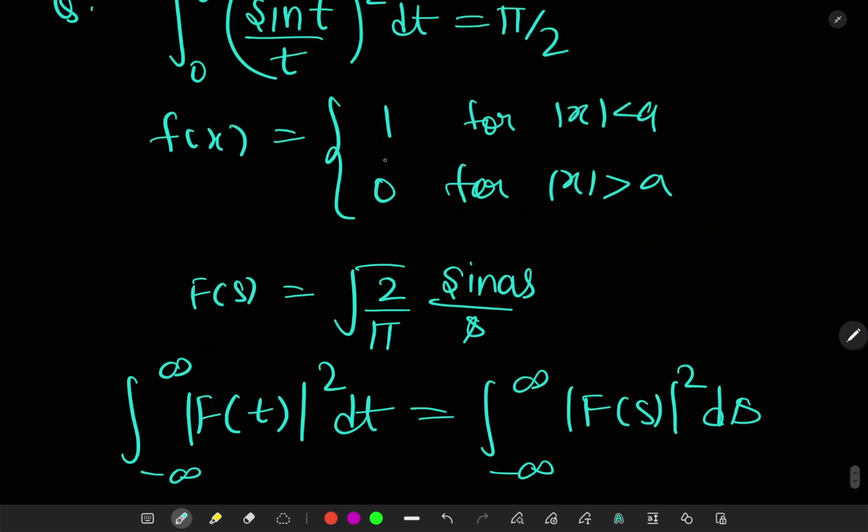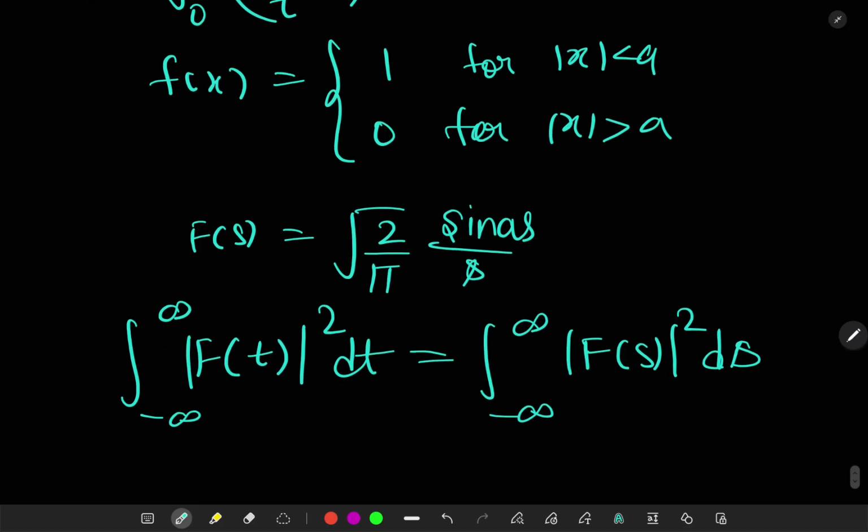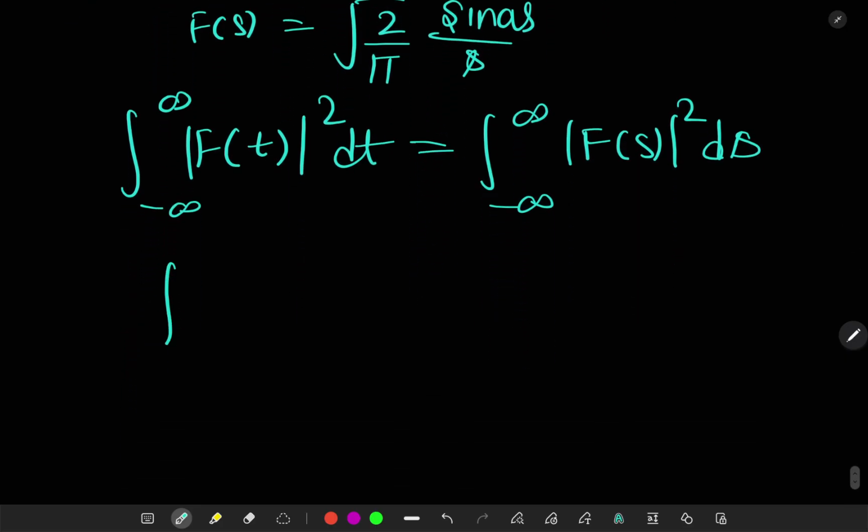Here f(t) is given as 1 for |x| less than 2a, so the limits become minus a to a, 1 squared dt is equal to the integral from minus infinity to plus infinity.